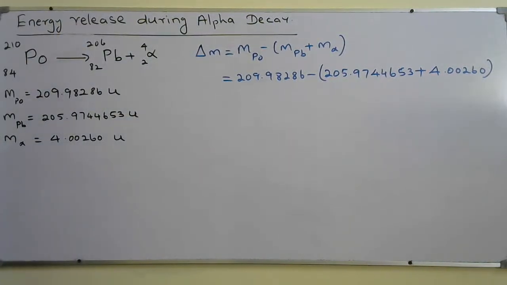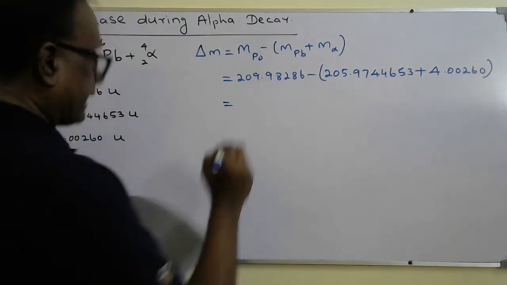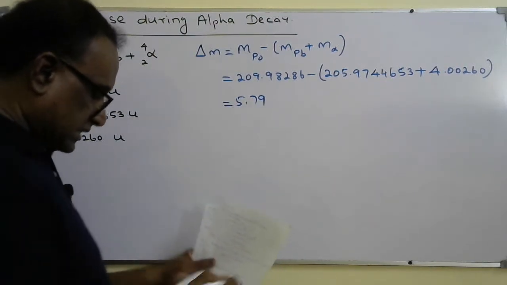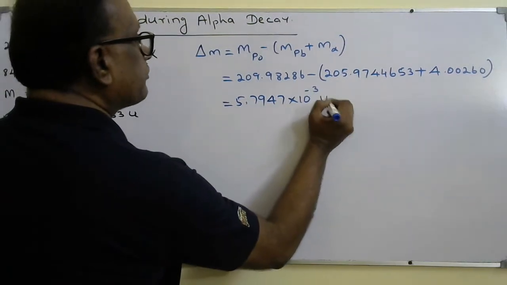So that is in terms of unified atomic mass unit. So we will get 5.7947 times 10 to the power minus 3 unified atomic mass unit.